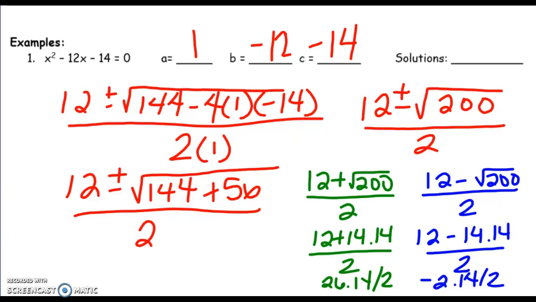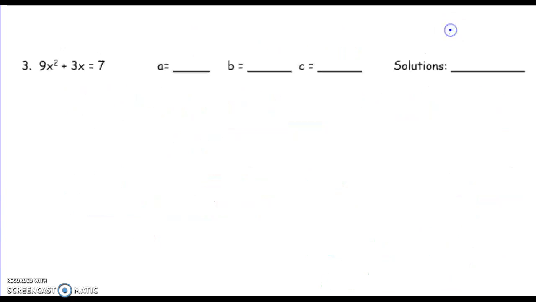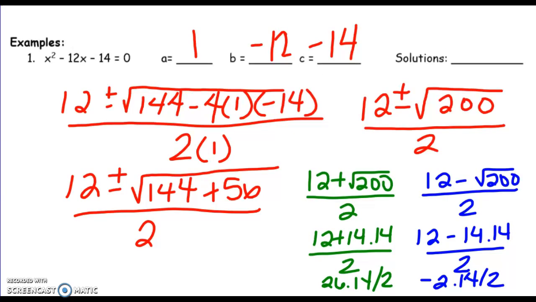If I do my blue, that would be a negative 1.07 approximately. And my green would be 26.14 divided by 2, 13.07. Those are approximately both my solutions, so that means my parabola will cross my x-axis twice.